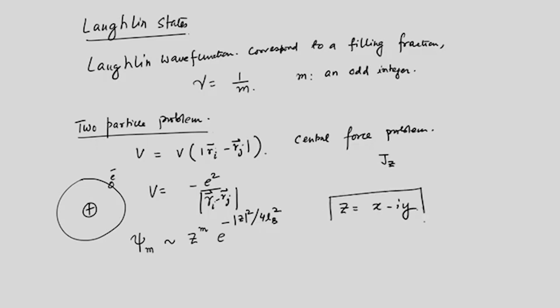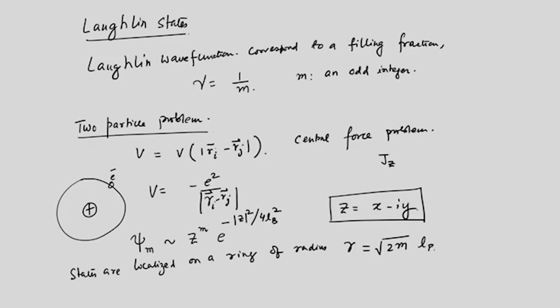Now this is important, usually z is written as x plus iy and z star is x minus iy. We made an exception to that, which is what we have said, and these states are, as I just showed, localized on a ring of radius r, which is given by root over 2m times lb, where lb is the magnetic length that we have talked about several times.